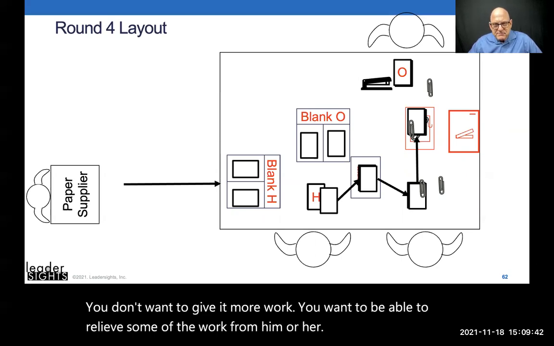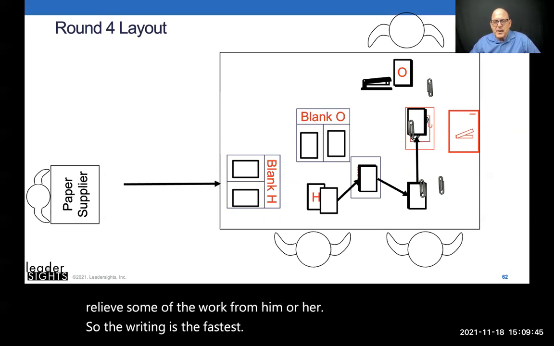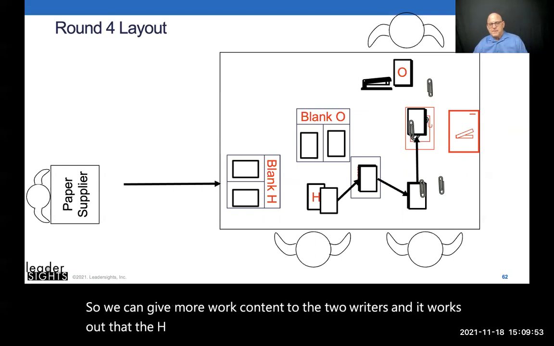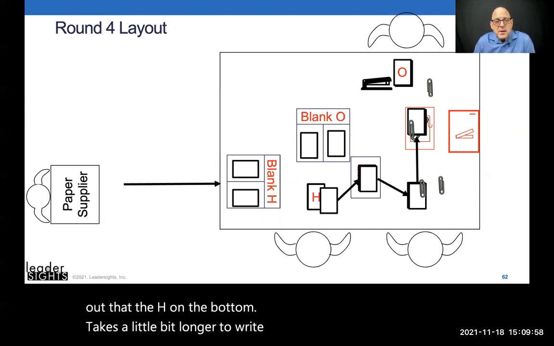So the writing is the fastest. So we can give more work content to the two writers. And it works out that the H on the bottom takes a little bit longer to write than the O on the top.